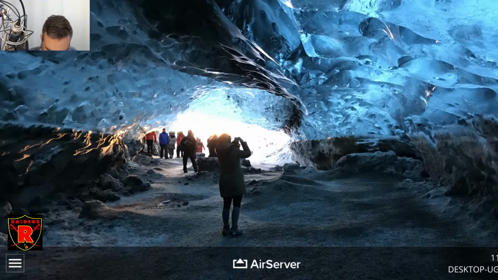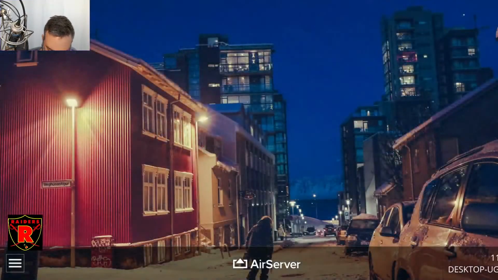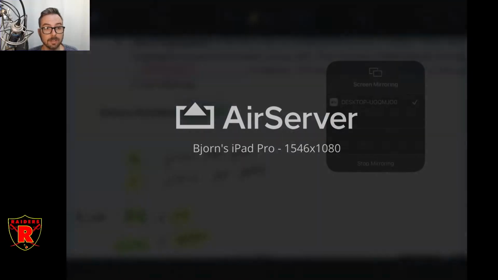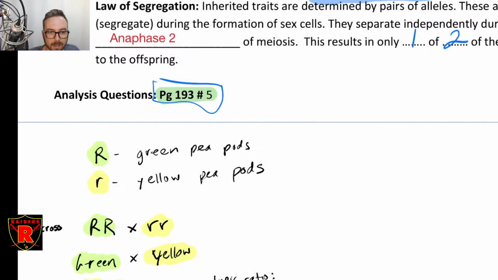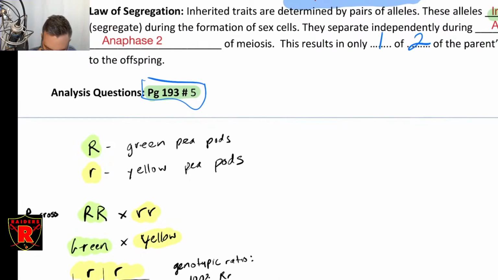Okay, let's talk a little bit more about types of inheritance. So we looked at some of Mendel's science, the original experiment, there he is.